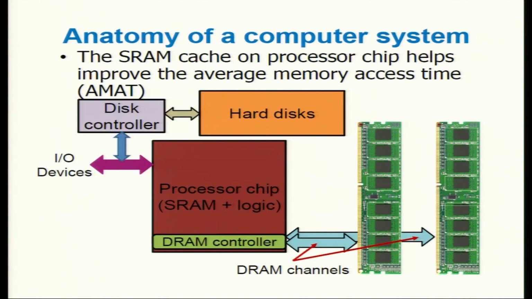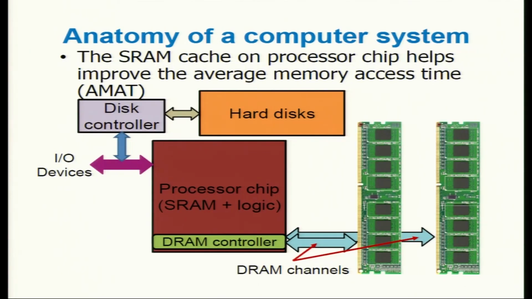And this chip typically interfaces with a few things. First of all, your memory cards. They look like this. I'm sure some of you must have seen this if you open up the computer. So these are your memory chips that sit in a card. And they talk to the processor through a DRAM controller. It's a small piece of the processor embedded inside the processor, which can talk to the memory cards.